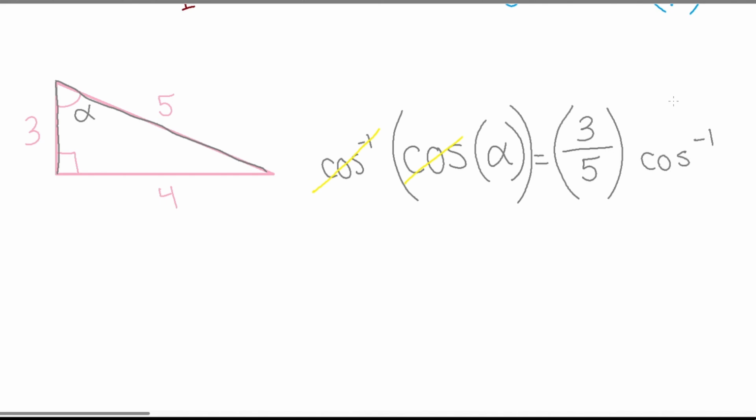So after taking the inverse cosine of both sides, we are going to get angle alpha is equal to the inverse cosine of 3/5. And when you put this into the calculator, you will get the measure of angle alpha.